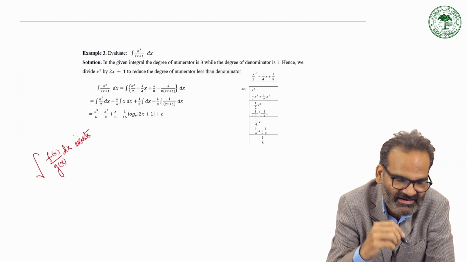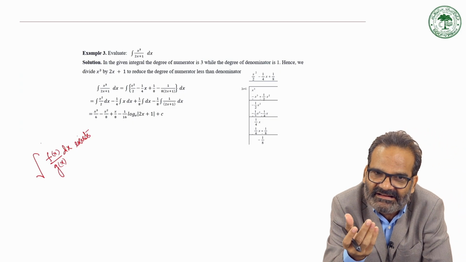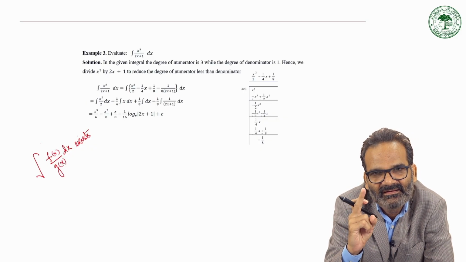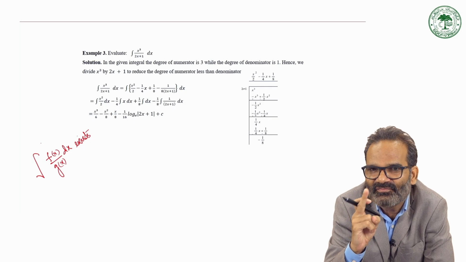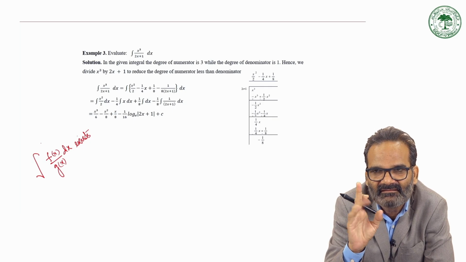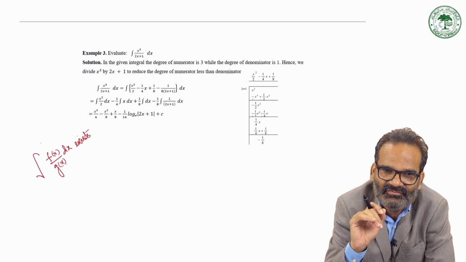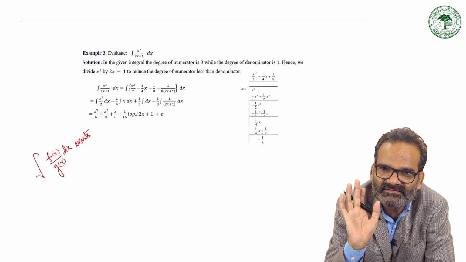Exist means we can find the integral of such functions only if the degree of numerator is less than the degree of denominator. This is the basic requirement to find the integral of any function of this type, right?